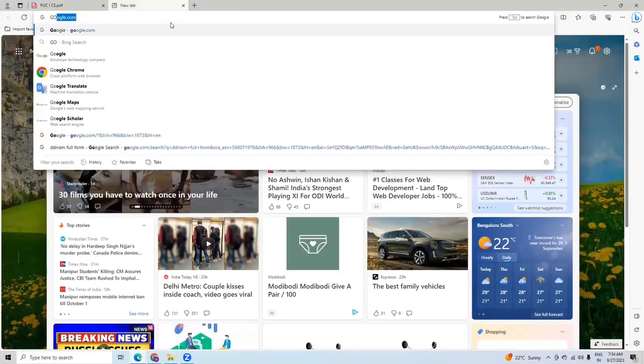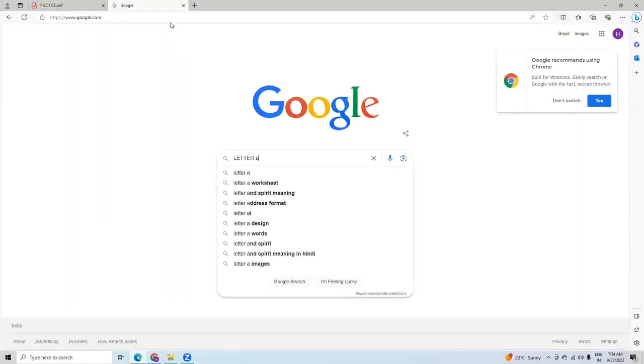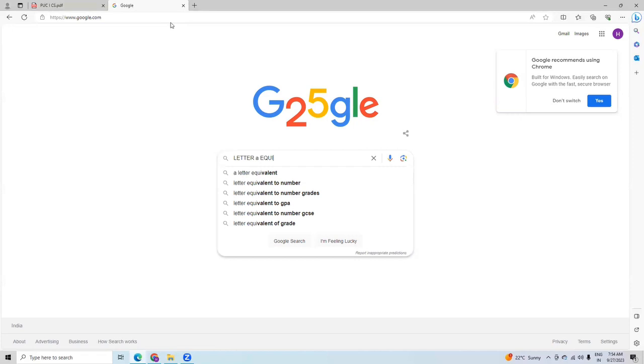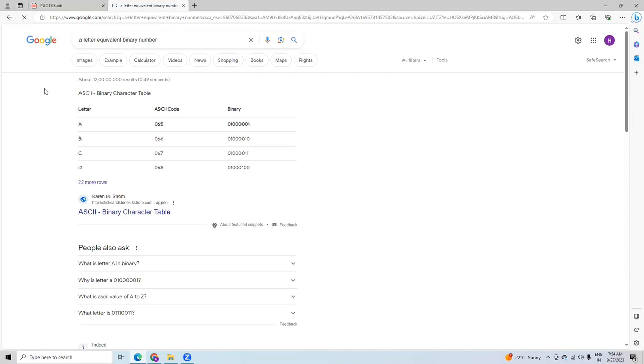Here I'll try to show you, for example, letter A and its equivalent binary number. See, when you write a letter A, its ASCII code is 065 and its binary equivalent number is 0, 1, then 5 zeros, then 1. This is the binary equivalent of letter A.